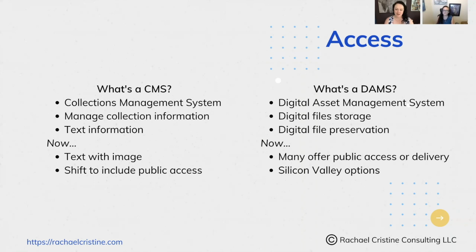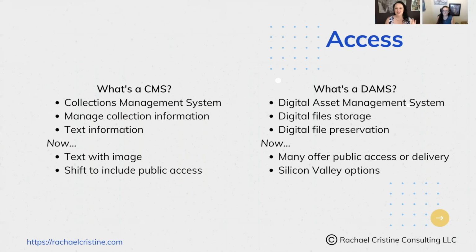With the two, and as I've outlined on the slides, the collection management system primarily used to be about collecting the item information about the collection, mostly text based until we could finally start adding digital surrogates of these items. And the digital asset management system traditionally was all about just storing those digital files, maybe doing some digital file preservation, and it was just about storage, not really about access.